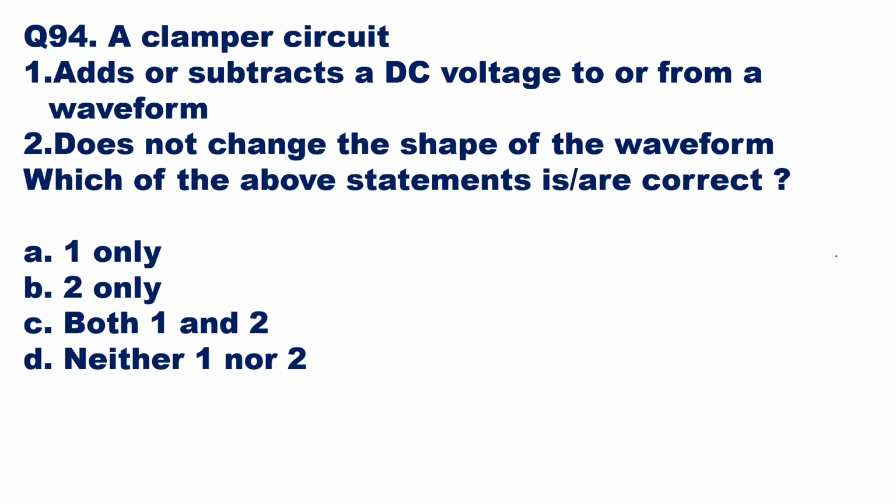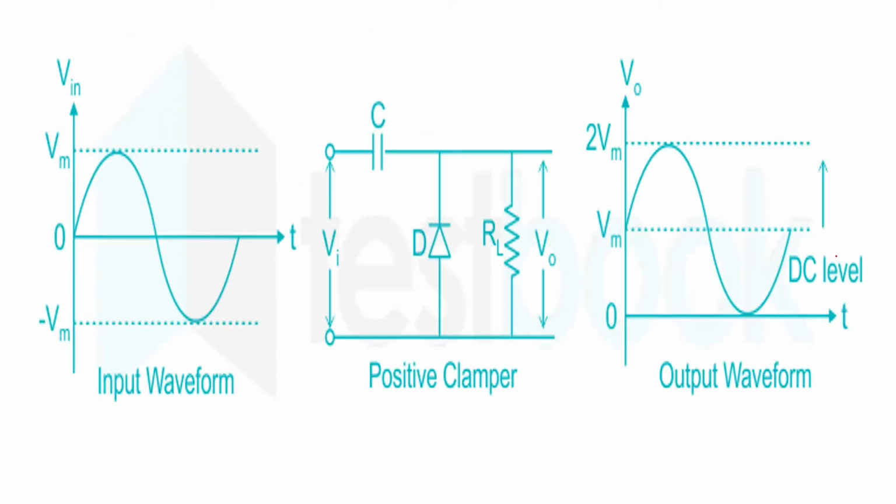Only the DC shift, either it will go on top or down. Which of the above statements is or are correct? Both the above statements are correct. Option A is one only, option B is second statement only, option C is both one and two, and option D is neither one nor two. So option C, both statements one and two are true, is the right answer.